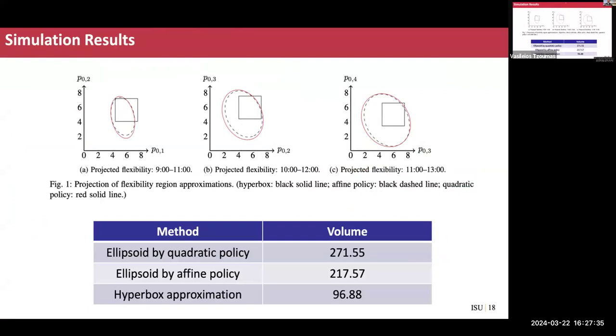But then I would understand if you add the third one, and the fourth and the fifth, the flexibility region of DR will further reduce, right? Because of the time coupling. Yes. Infinite horizon. For time coupling, because of the infinite horizon, is there some minimum amount of flexibility for each DR that can be computed or estimated?